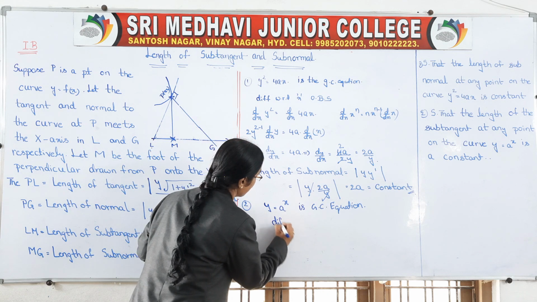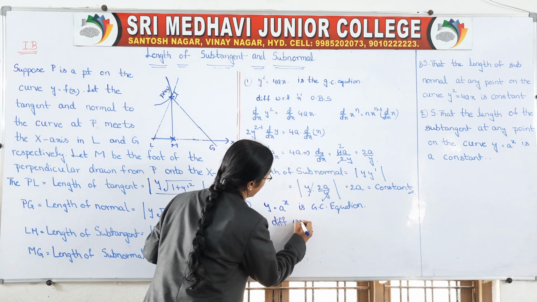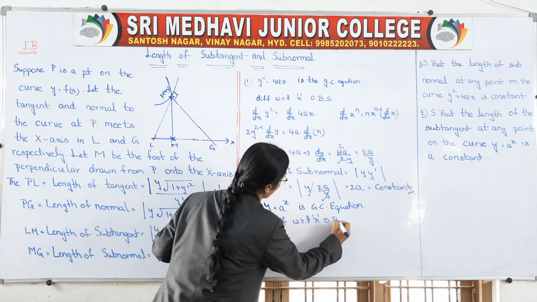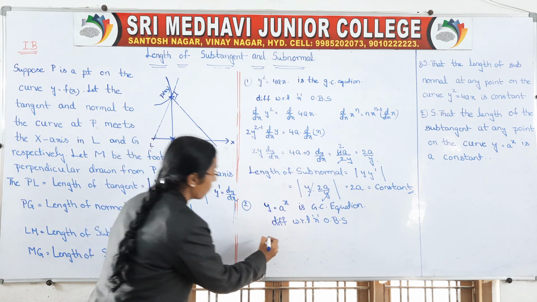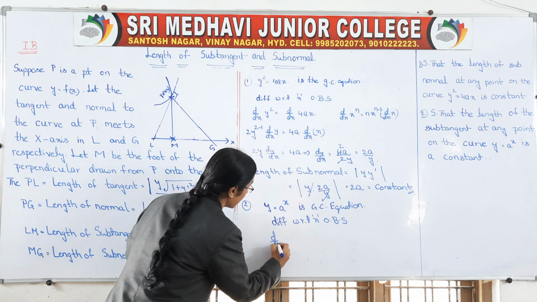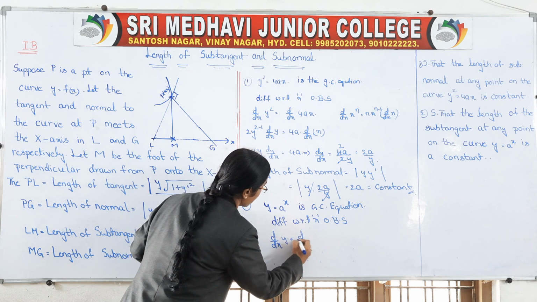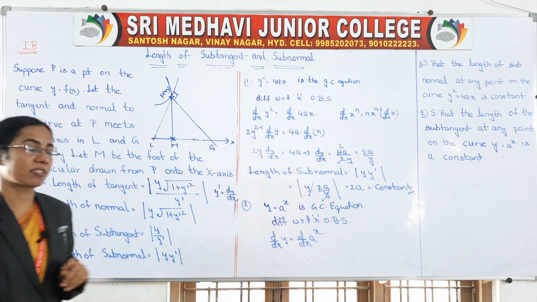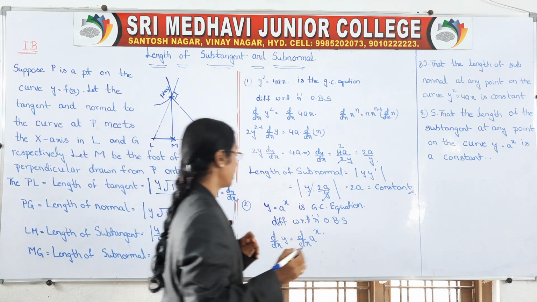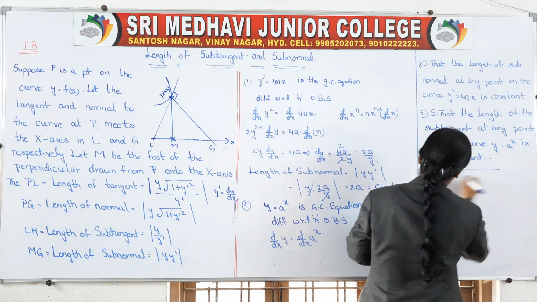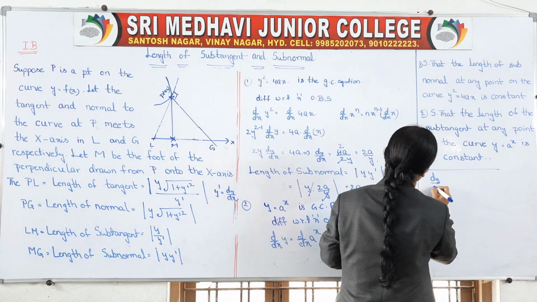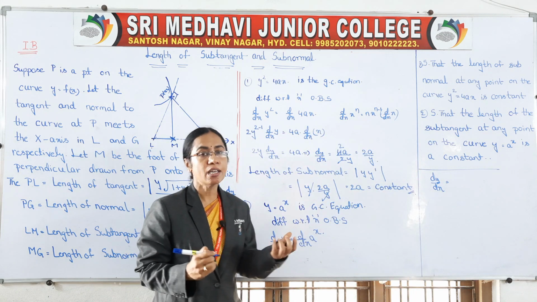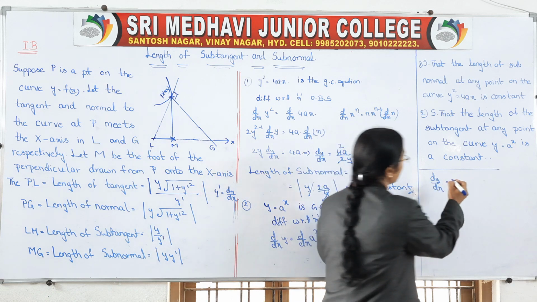So come on, we differentiate with respect to x on both sides. Then what happens, it is d by dx of y is equal to d by dx of a to the power of x. So how will we write that value? dy by dx is equal to d by dx of a to the power of x, which is a standard formula, right? What is that formula?